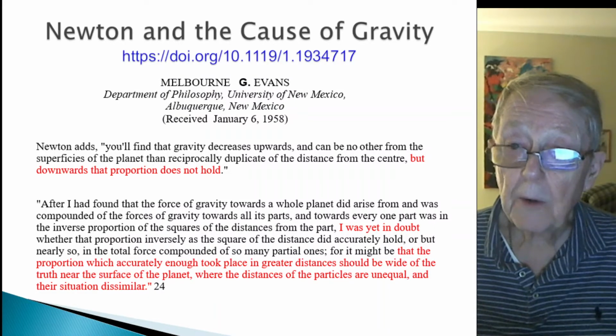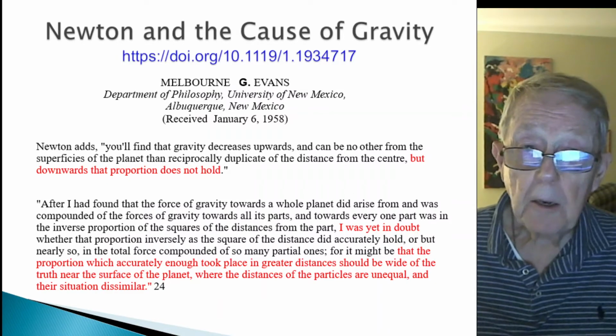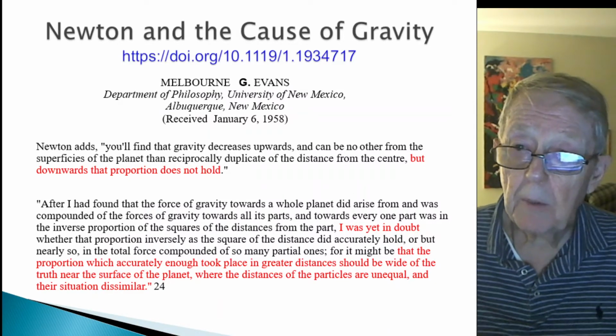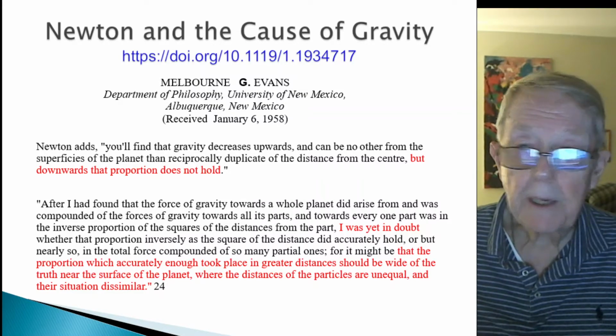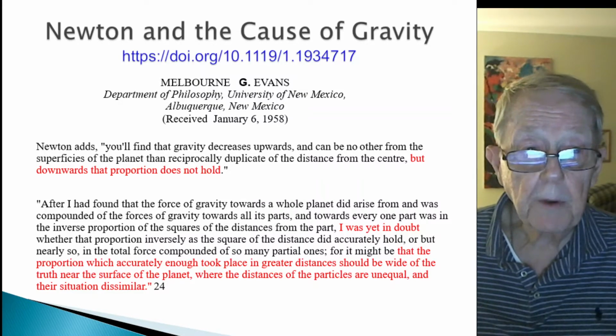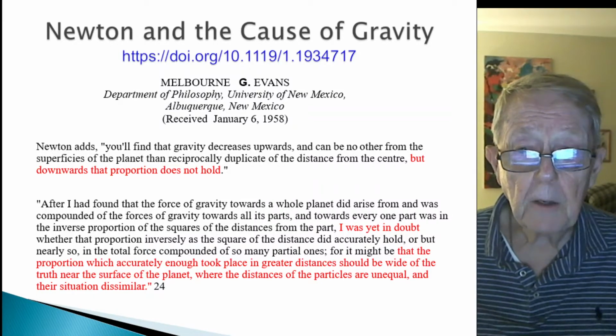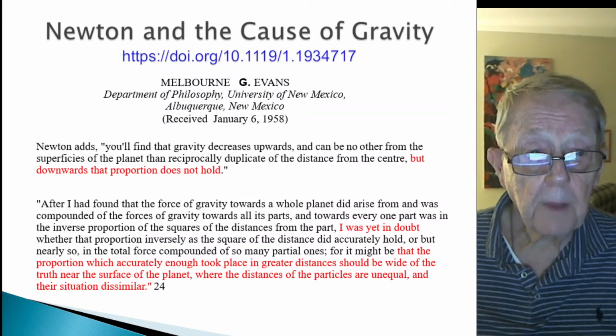And it works out in that direction. But down below, he wasn't sure because you don't have the same geometry going for you. So he didn't think it held below the surface of the Earth.